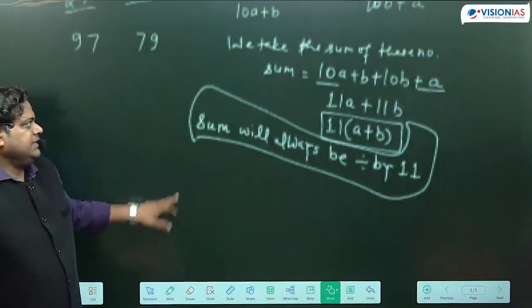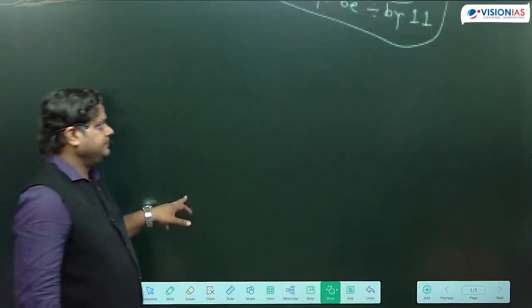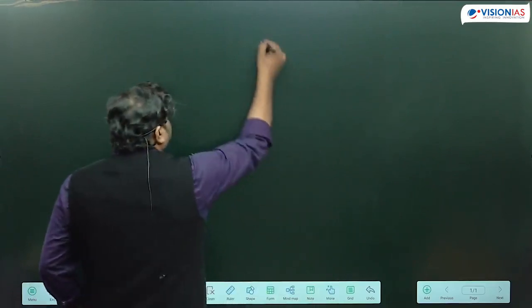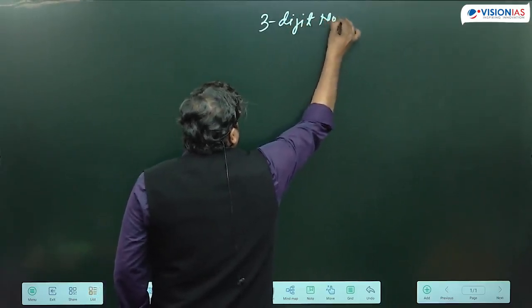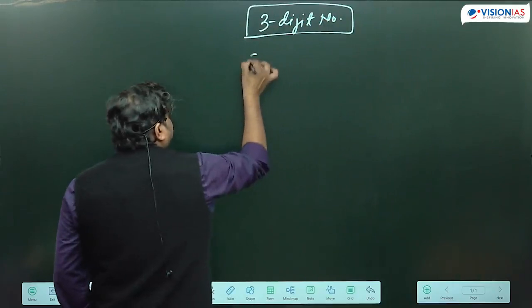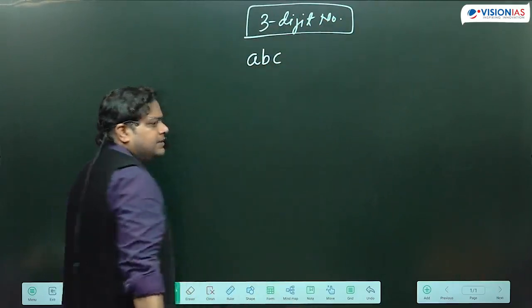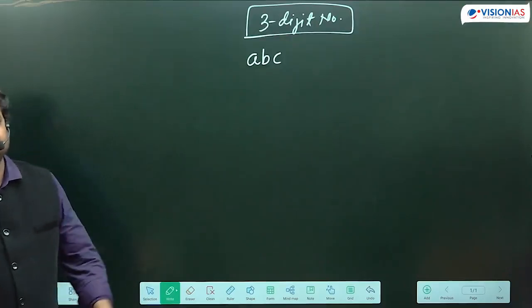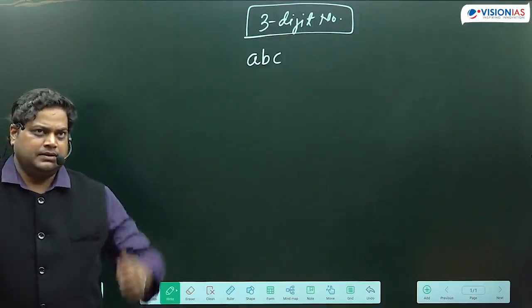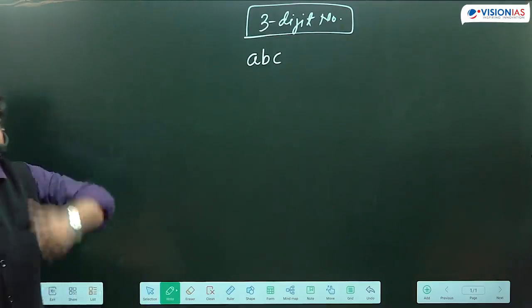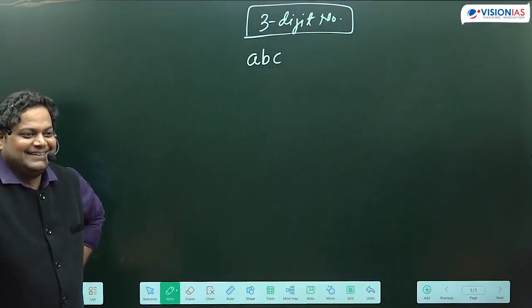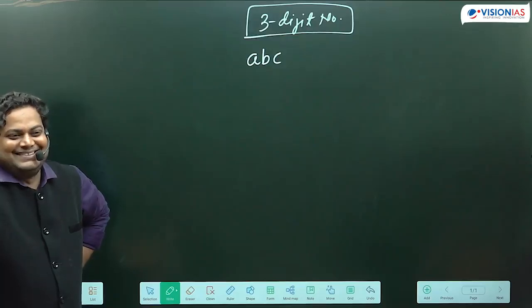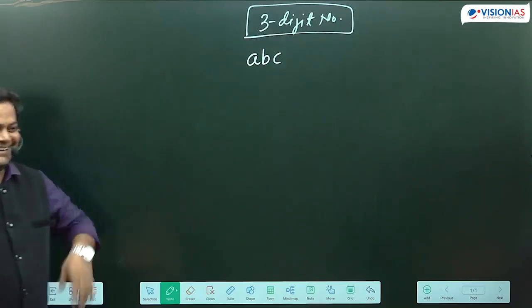Then the same way we can see for 3-digit numbers. We can write this way, 3-digit number. How many 3-digit numbers are there? 100 से 999. 900, yes, correct.